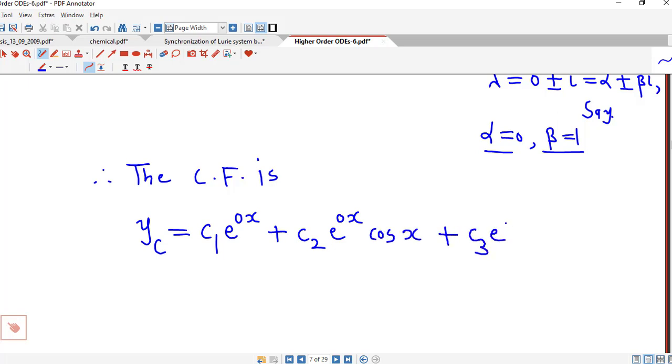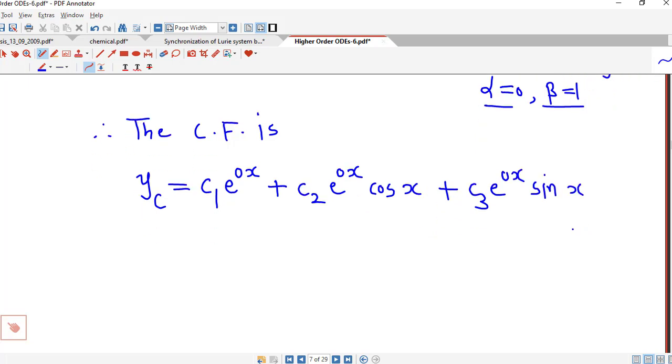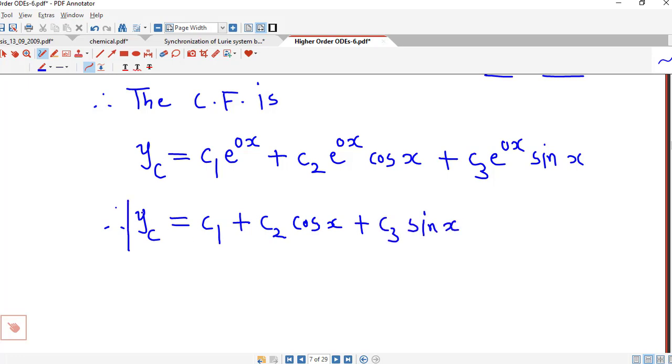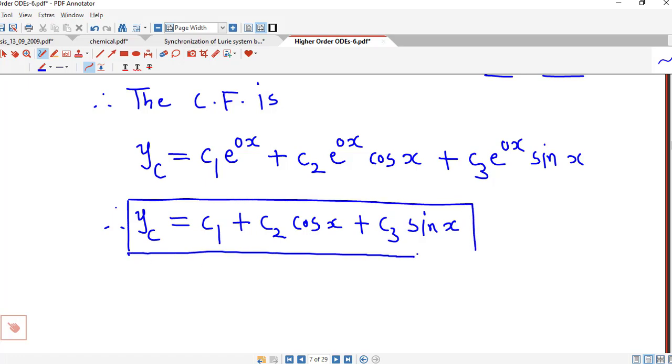Similarly c3 e raised to alpha x sin beta x. We put alpha equal to 0, beta equal to 1. Therefore the complementary function becomes c1 e raised to 0x, which is 1, plus c2 cos x plus c3 sin x. So this is the complementary function of the given non-homogeneous differential equation.